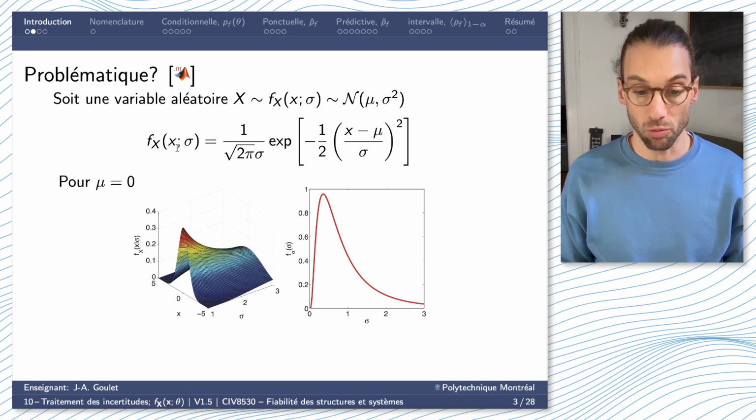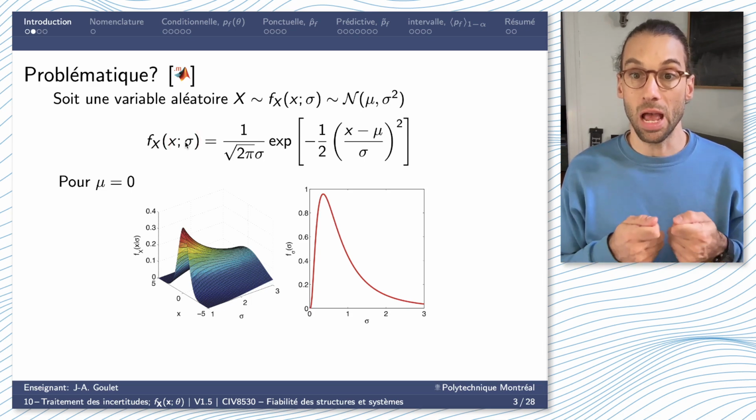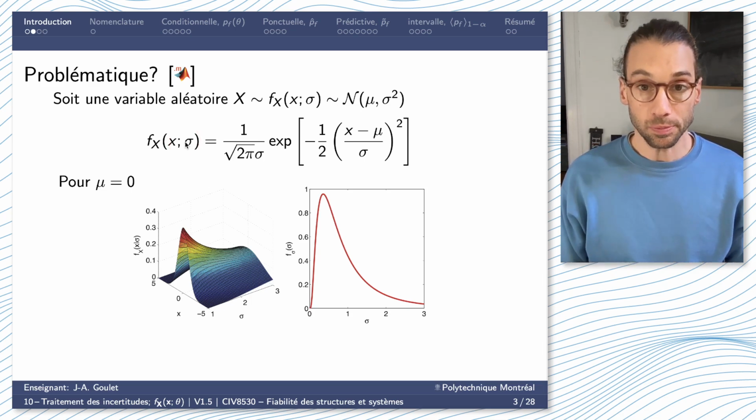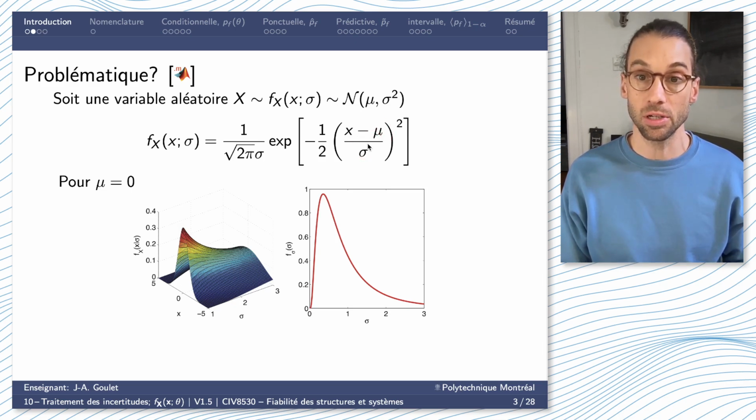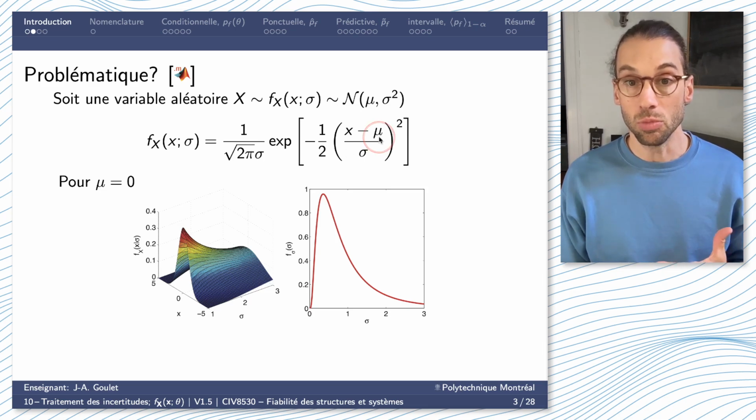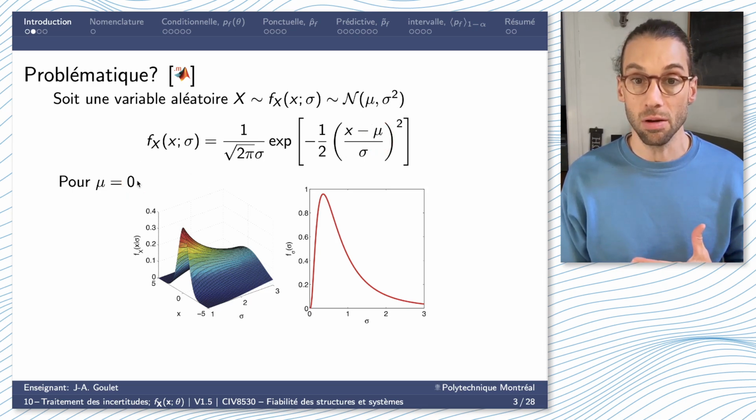We put on the right of that semicolon the parameters that we consider as being unknown. In that case, that univariate Gaussian distribution is parameterized by mu, the mean, and sigma, the standard deviation. If we assume that mu is known and fixed at 0, we just want to play with sigma, the standard deviation.